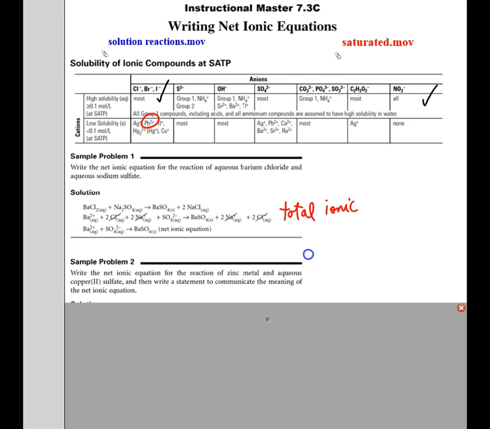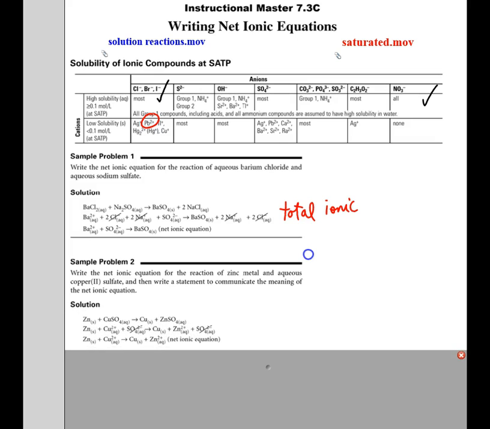Sample problem 2 has zinc metal and aqueous copper(II) sulfate. So this is a single displacement reaction. And here we're trying to write, again, the overall ionic equation, which first requires us to write what you might call the non-ionic equation. A non-ionic equation shows no ions, but it shows all the participating reactants in their full form.